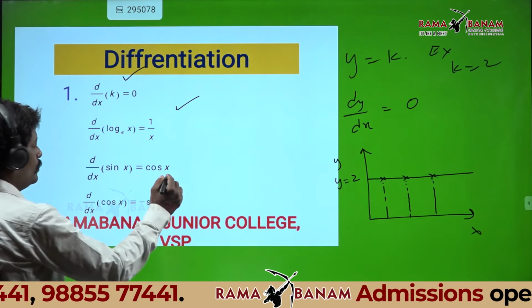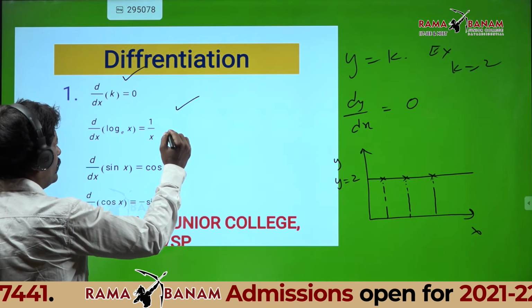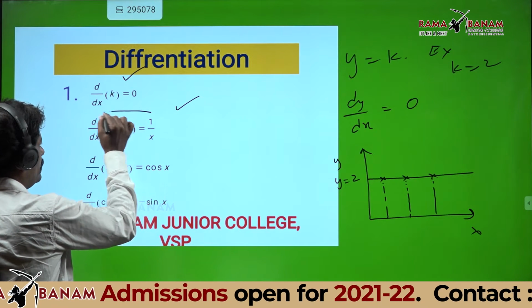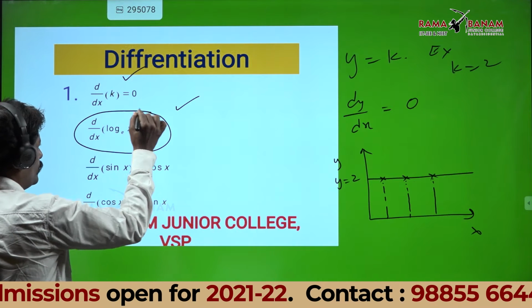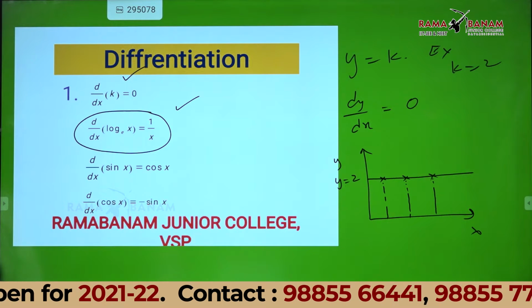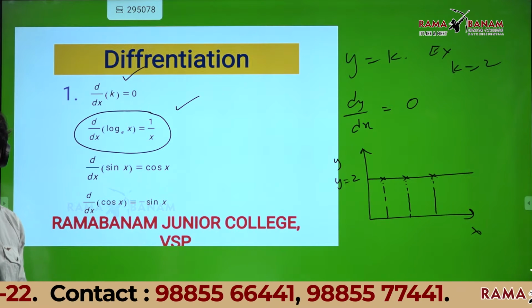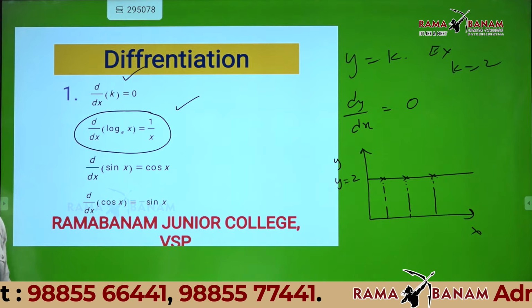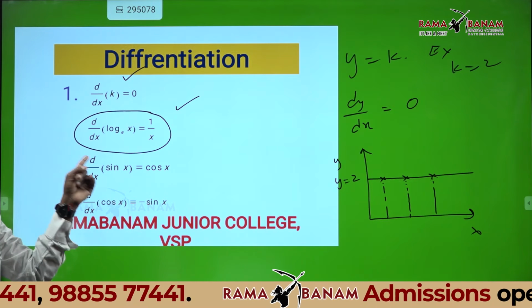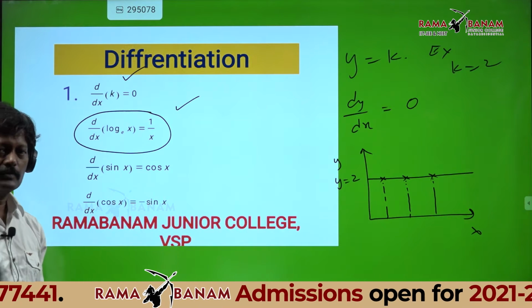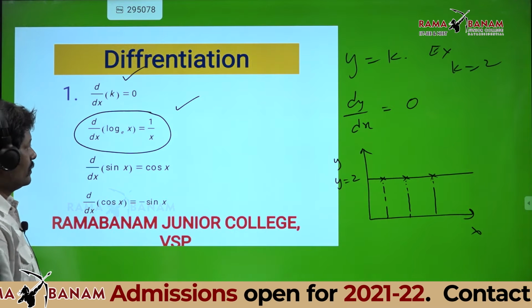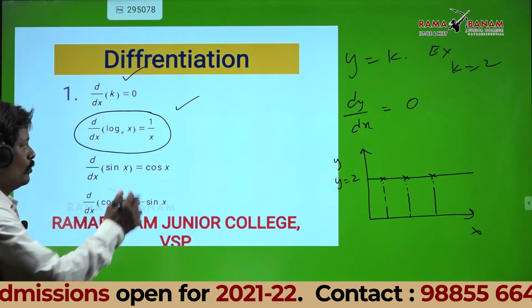Now one of you read this in English and tell me, how do you give the statement in English for this one, what I encircled? Come on, y value is what?